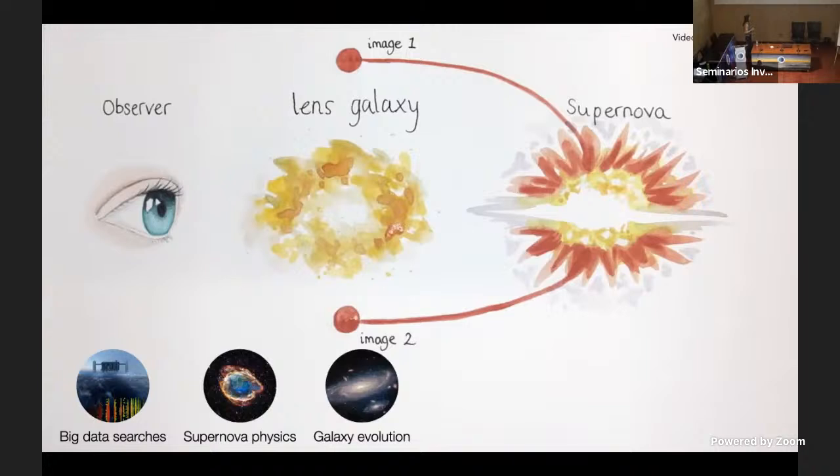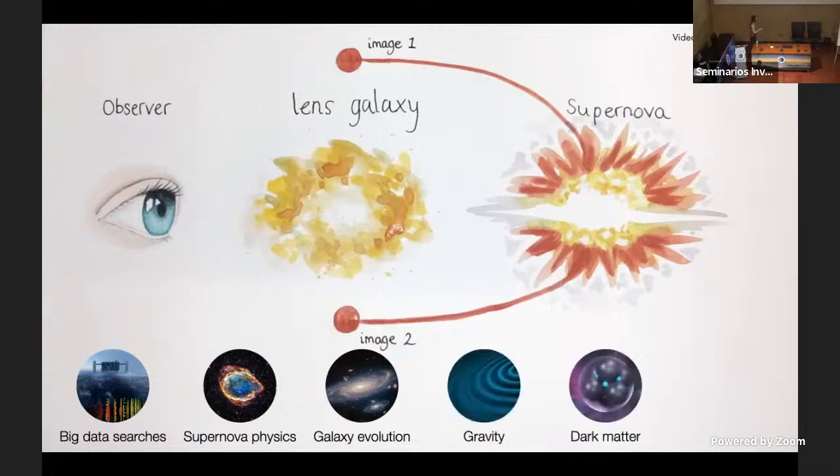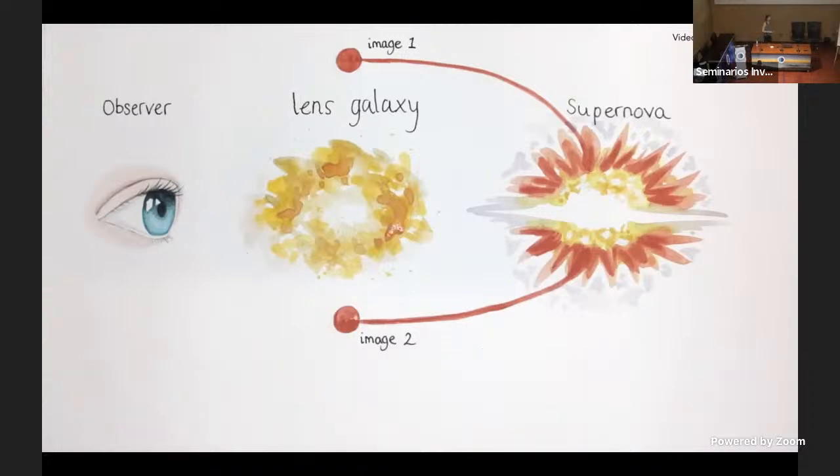And then when we finally discover these events, by looking at the background source, we can learn a lot about high redshift supernova physics and galaxy evolution. By looking at how the light is distorted by gravity, we can learn about gravity and also about dark matter in the lens galaxy. And finally, when we add all of this together, we can even learn about the universe itself, cosmology.